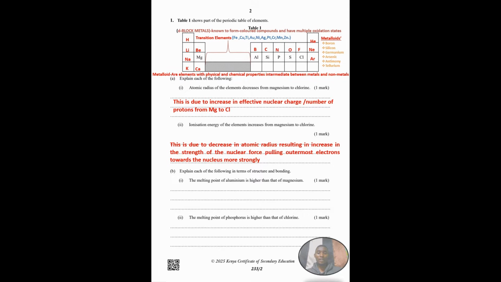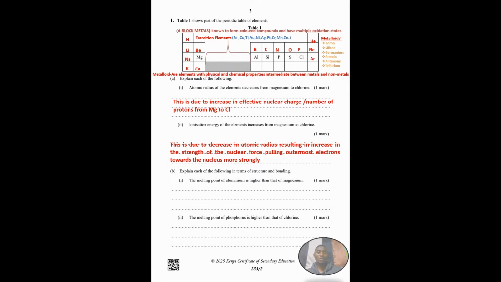So as the number of delocalized electrons increases, the nuclear attraction increases, making the atom so small, and the metallic bond in aluminium stronger than that of magnesium.